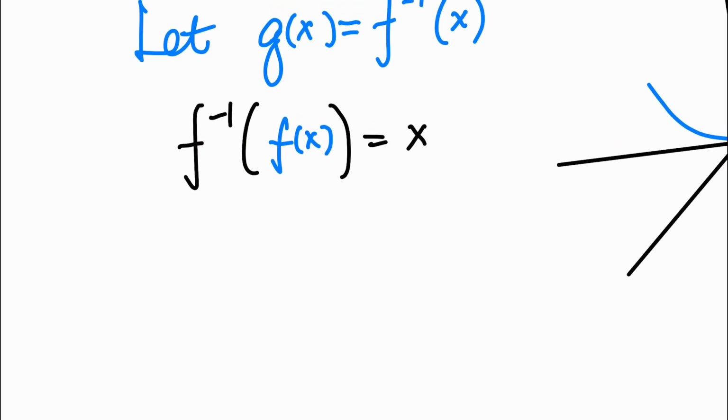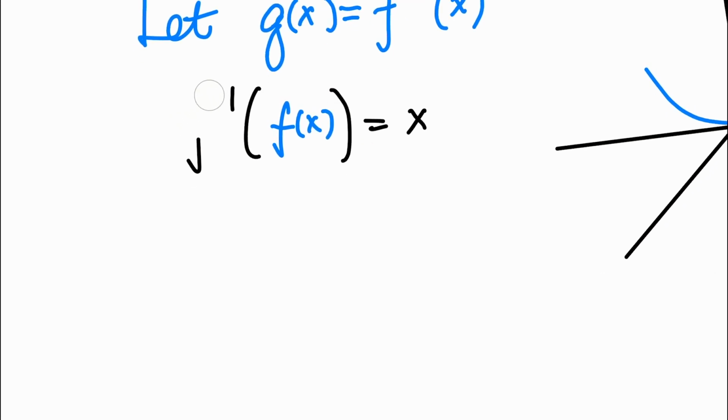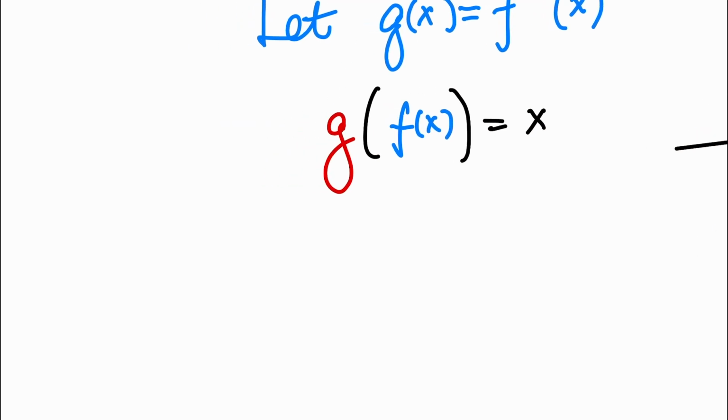And we can rewrite this thing to be g of f of x. And you will see why I reviewed implicit differentiation today. It is because we actually need it today. So we can implicitly differentiate both sides.